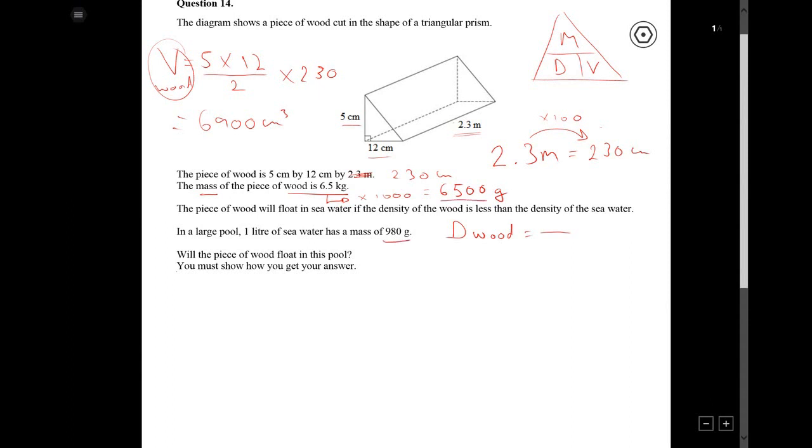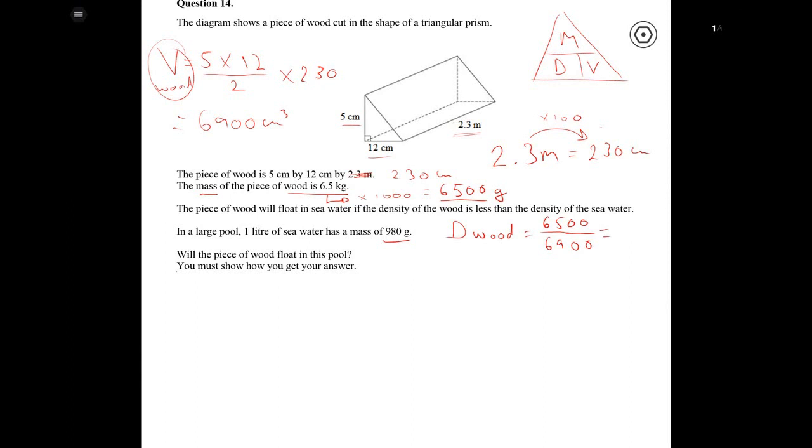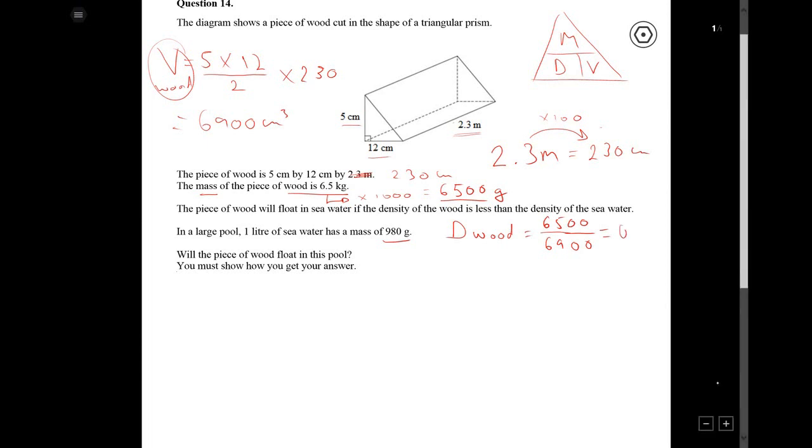So I'm going to do my density of wood, 6,500 divided by the volume of wood, 6,900. If I type that in my calculator, I am going to get 0.942, and they are grams over centimeters cubed.